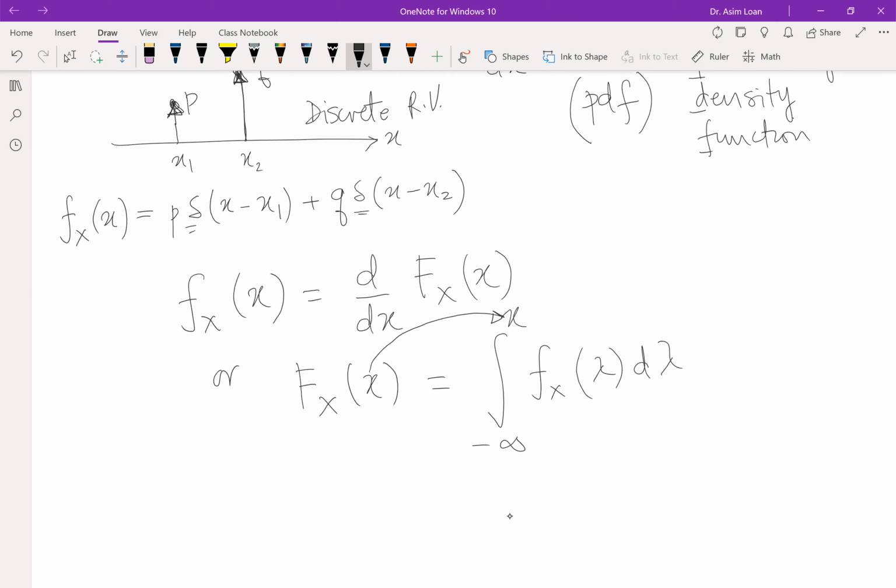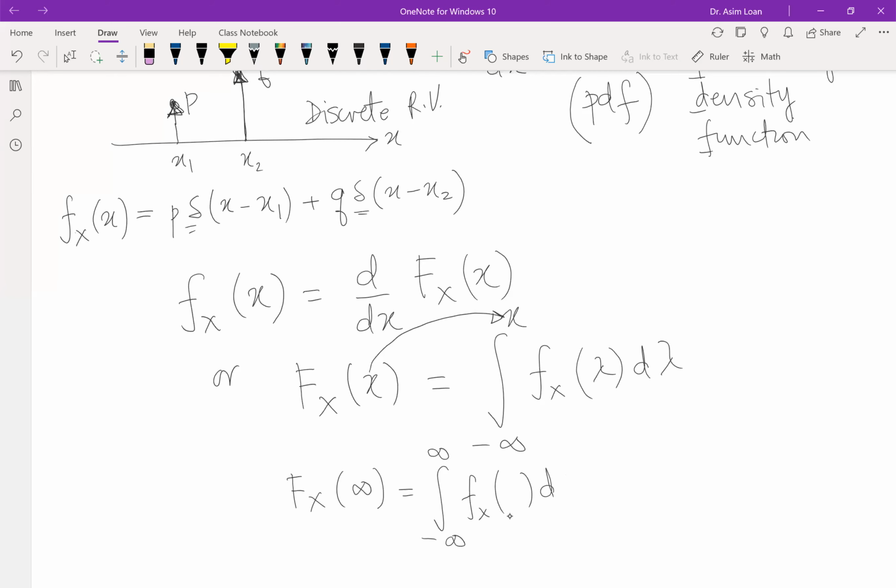This is a dummy variable, it doesn't make a difference whether this is lambda, y, z, whatever that is. And when I put x equal to infinity, this would be the integral from minus infinity to plus infinity of fx of lambda d lambda. Maybe I can change this lambda to x, it doesn't make a difference.